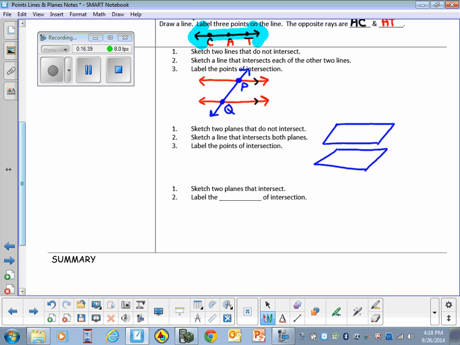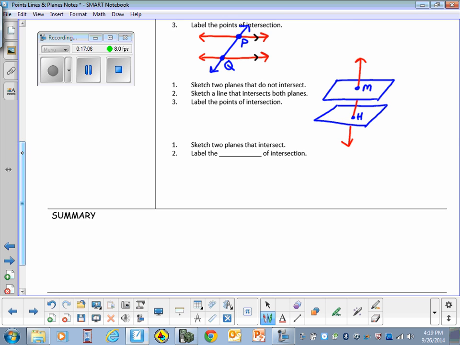Okay, they're parallel to each other, but they're not going to intersect. Sketch a line that intersects both planes. Come down, and here, and there we go. Label the points of intersection. Much harder to draw.